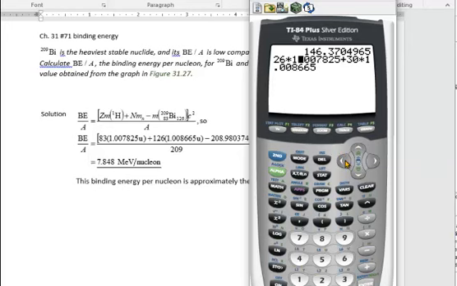I wouldn't know 83 for bismuth off the top of my head. I would actually have to look that up too. And then here's the proton mass, and then the number of neutrons. Subtract 83 protons from the 209, and you get 126 neutrons.